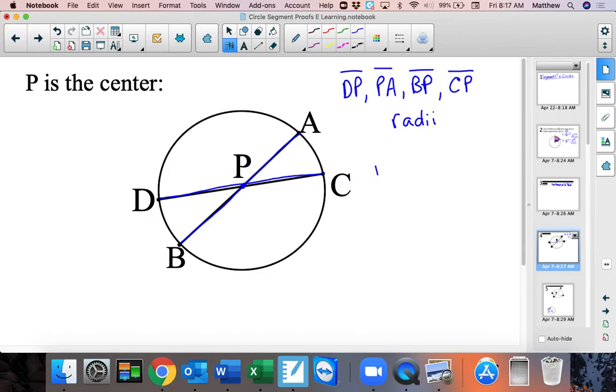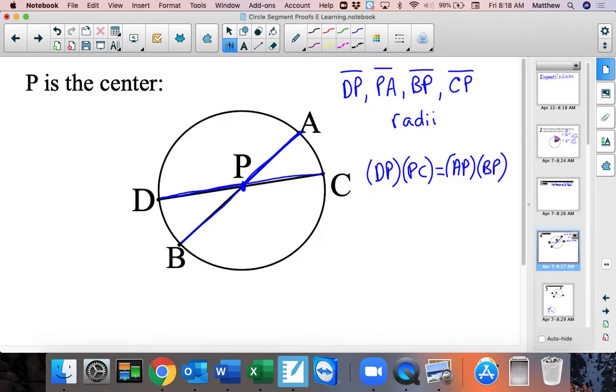So DP times, if I went from DP to PC, that would be the same as AP to BP. So that's pretty straightforward, and so we don't spend a lot of time dealing with segments where they intersect at the center.